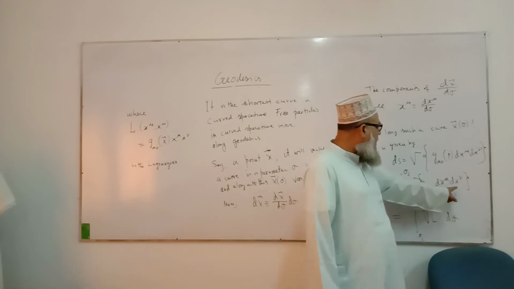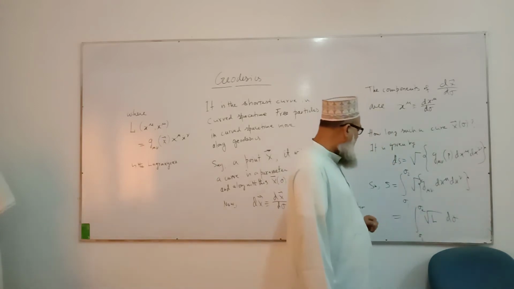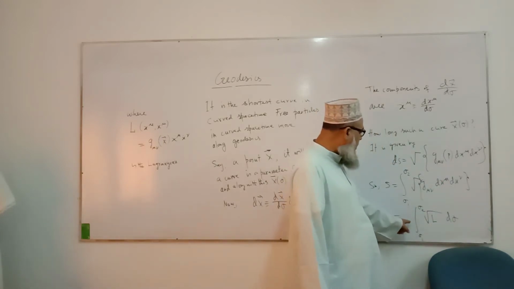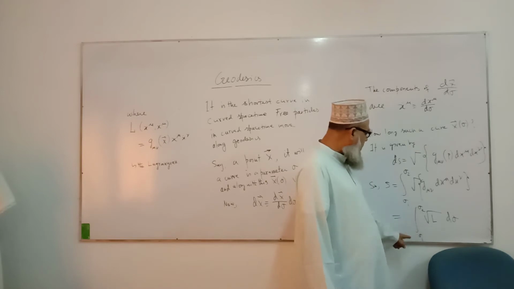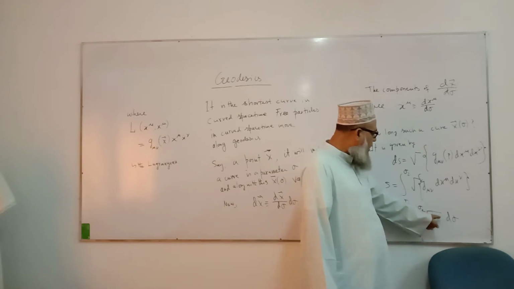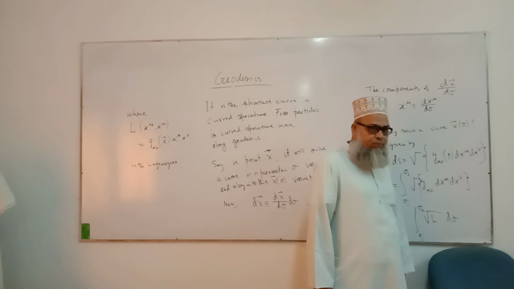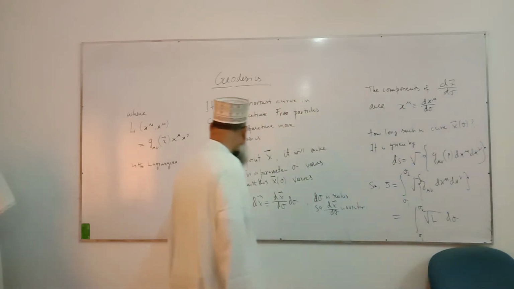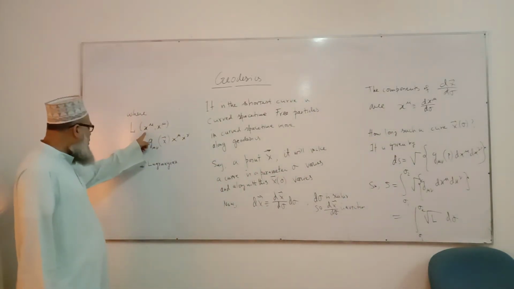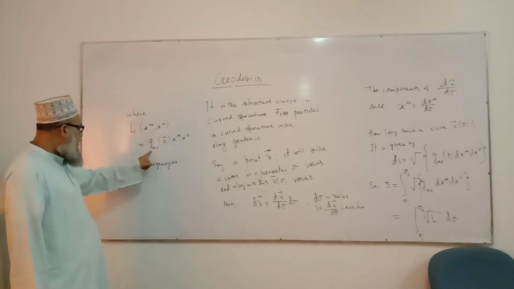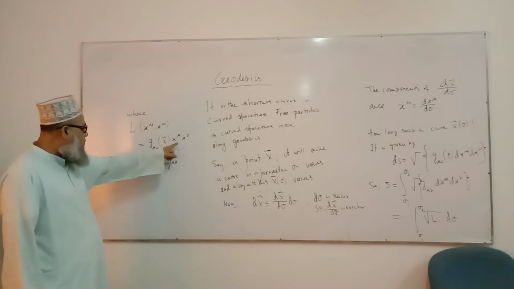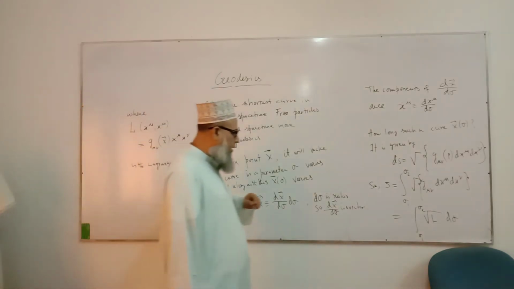So this is the integral from sigma 1 to sigma 2 of the square root of L d sigma, where L of x, x dot is given by g mu nu x dot mu x dot nu.